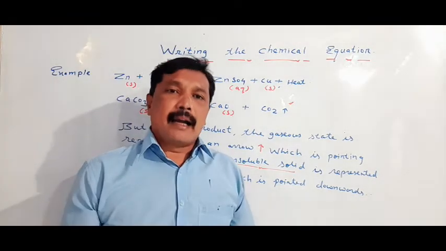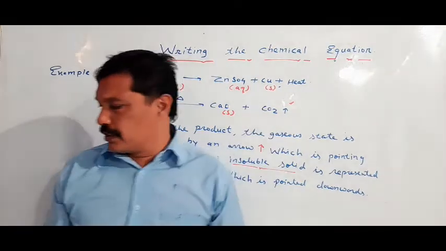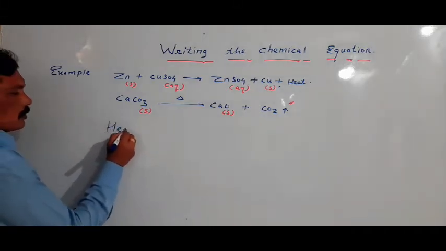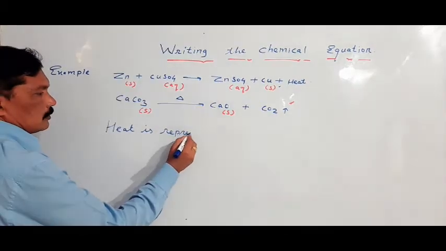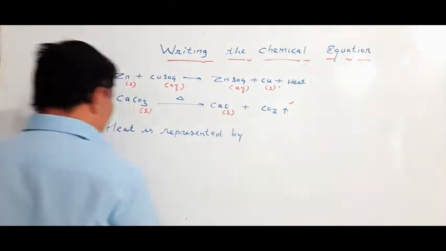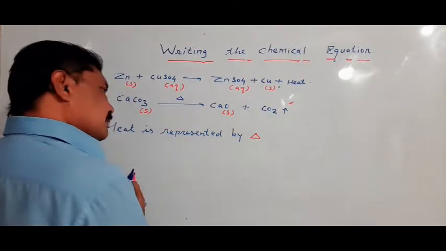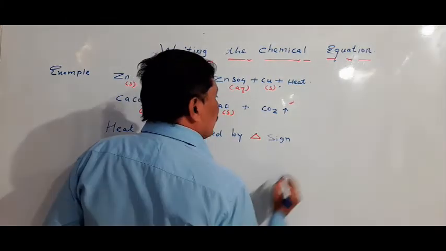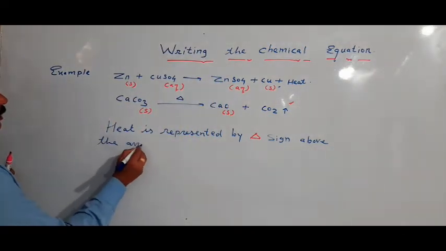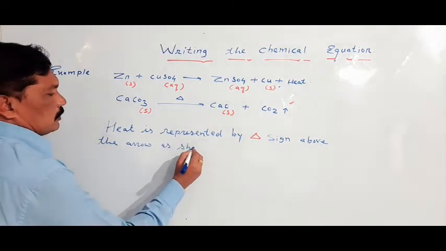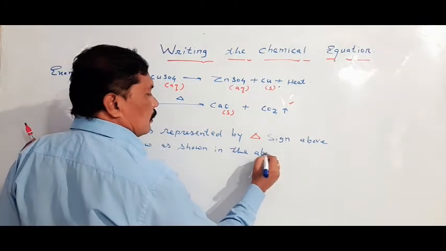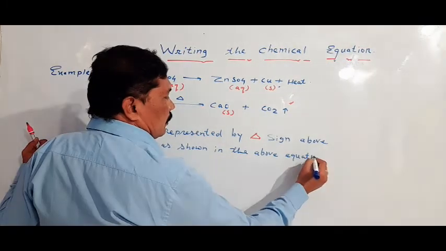Apart from this, again some information can be given in the equation, that is heat is represented by a triangle sign above the arrow as shown in the above equation.